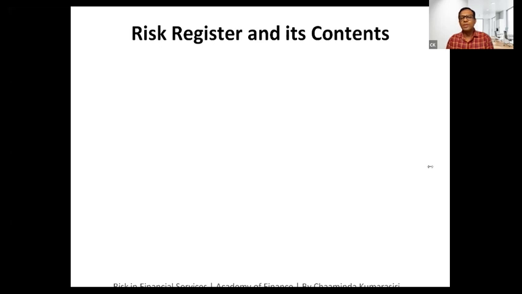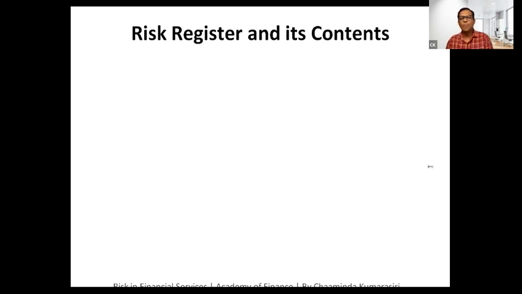Now, when you look at this, sometimes you might not be able to relate these components to all types of risk. So depending on the type of risk, some of these things have to be adjusted. You may have to pick and choose which aspect is used to capture that risk.